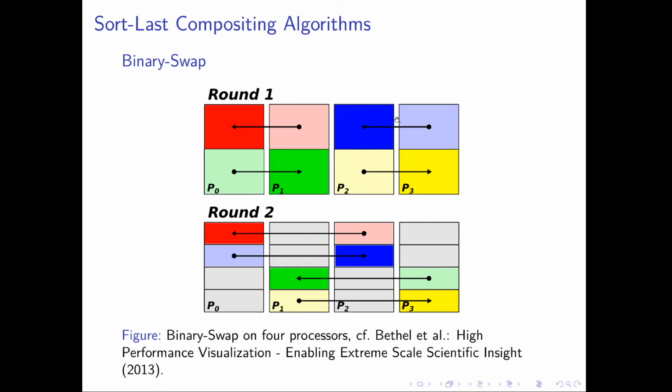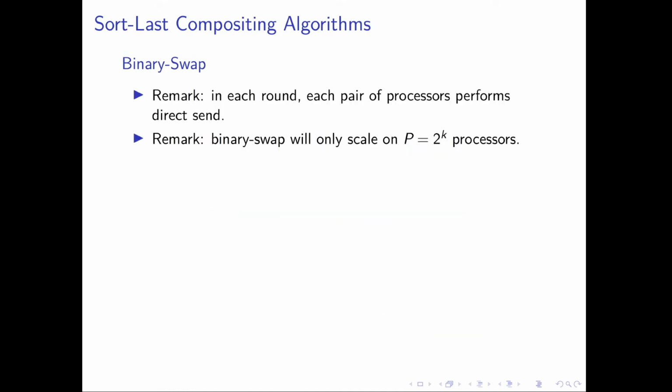So on each round, in each communication group, we perform a direct send, only that the number of fragments and pixels that the processors are responsible for is different from the original direct send algorithm. Therefore, the potential contention on the network due to many messages being sent at the same time is mitigated a bit, and we of course buy that by having more rounds. So this is the first remark.